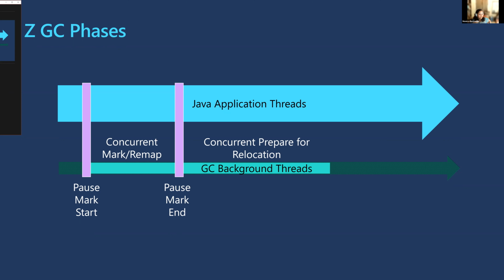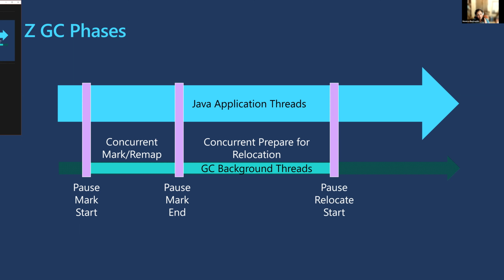Relocation is the same as reclamation, or compaction, or incremental compaction in our case, or mixed collections in the G1 case. So basically you can replace this with concurrent prepare for mixed collection, right? So what I'm trying to say is that the concept of the GC work hasn't changed. It's just that GC work has moved to the concurrent phase, okay?